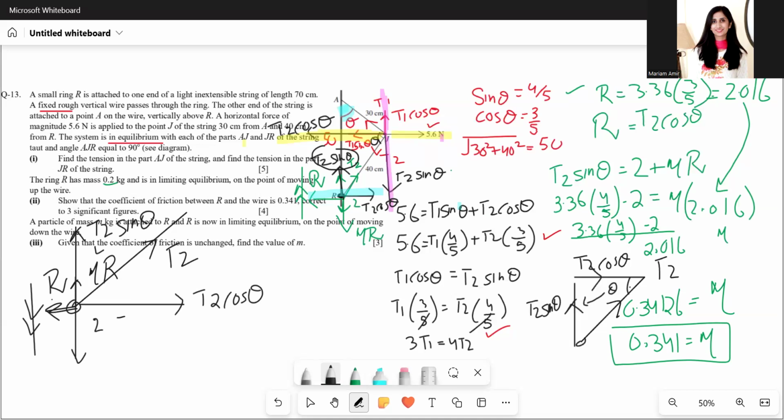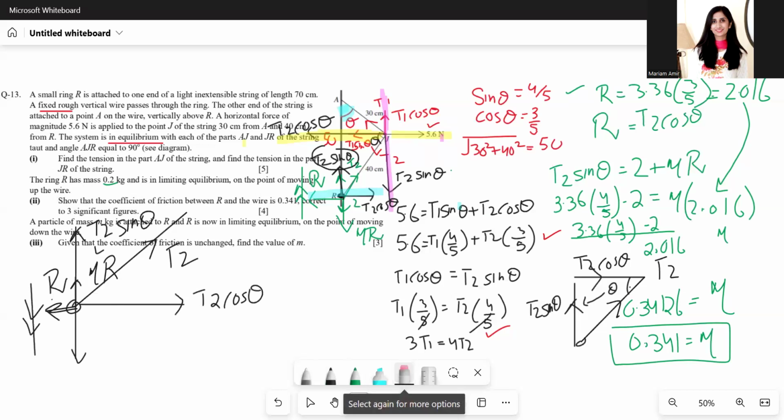And also I've missed this: a particle of mass m kg is attached to the ring. So now the downward weight is not just going to be 2. The new mass is going to be 0.2 plus m, times 10.